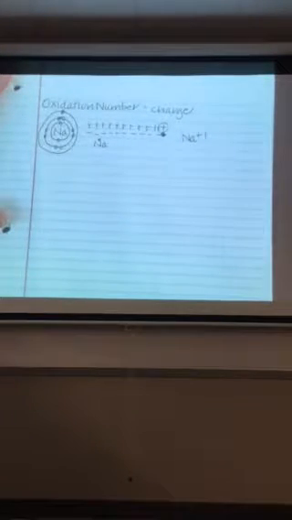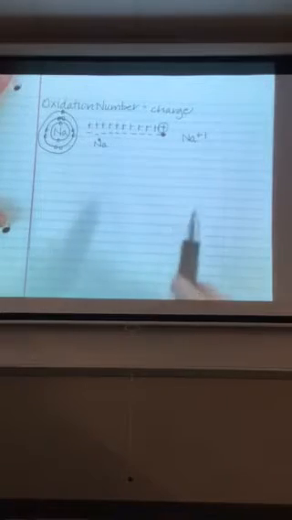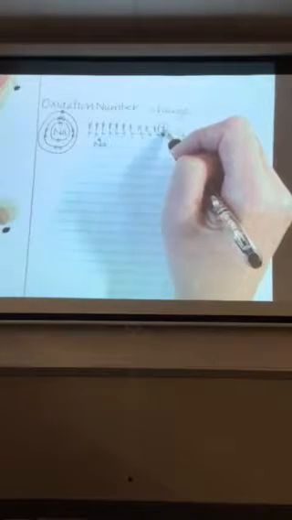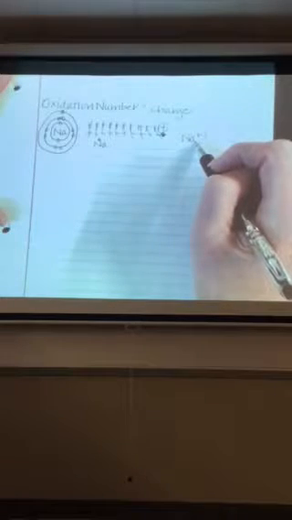Positive 1. Look, all the protons and electrons cancel each other out. But if I give away one of my electrons, I'm left with a proton and nothing to cancel it out. That means the charge on this ion is going to be +1.